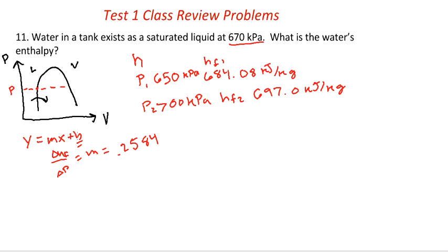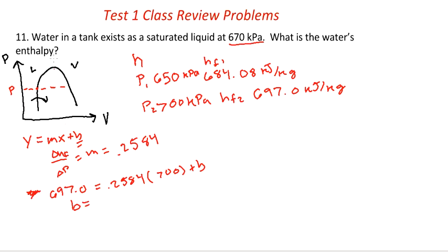Alright, so now that we've got our m, we still need to find our b, but we've got 4 unknowns here, and 3 of them are known. We've got our m, and we can take either one of the x's and its corresponding y. I'm going to take 700 just because these numbers are a little bit prettier. So the 700 value is 697.0 equals 0.2584 times 700 plus b.